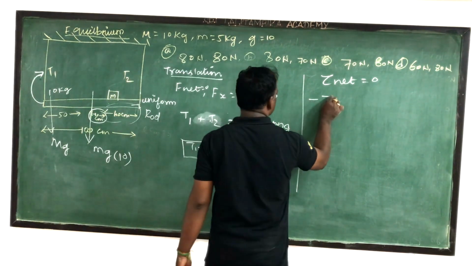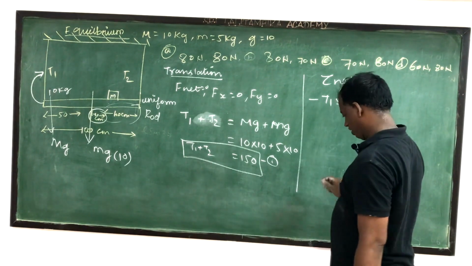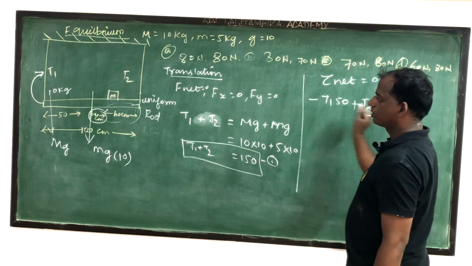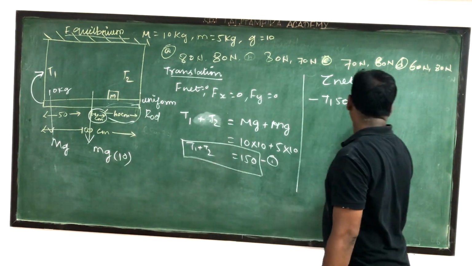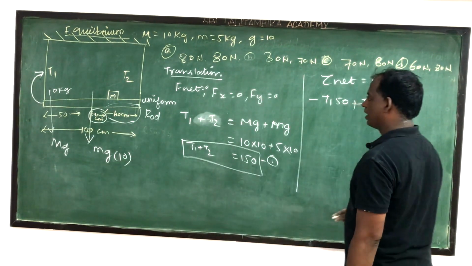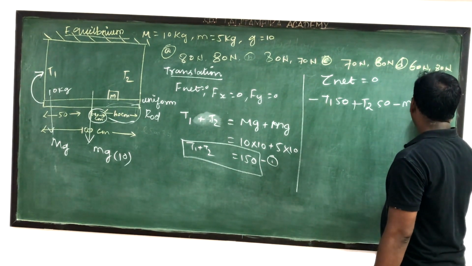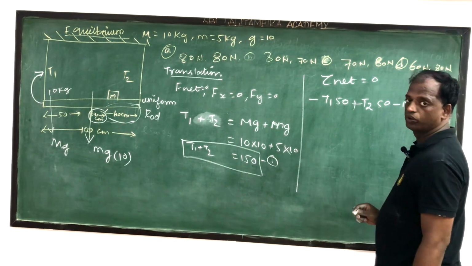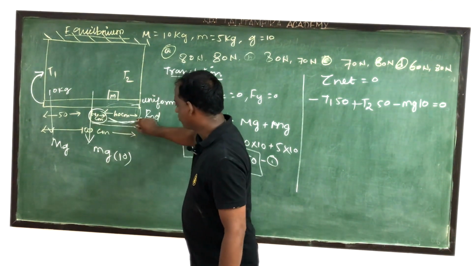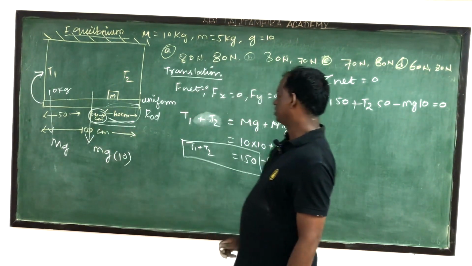That is minus T1 into the distance, 50, plus T2 into the total distance, 50, and the center is where M g acts, at a distance from the center, minus mg into 10. So which is equal to 0. The total distance of the rod is 50, and that is the center we have been separating by a distance.